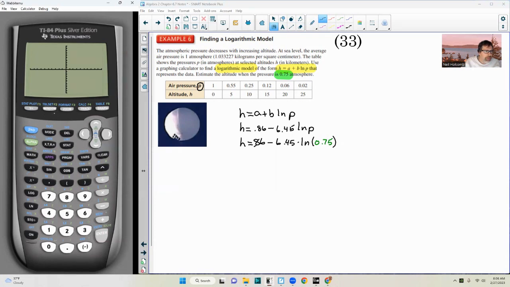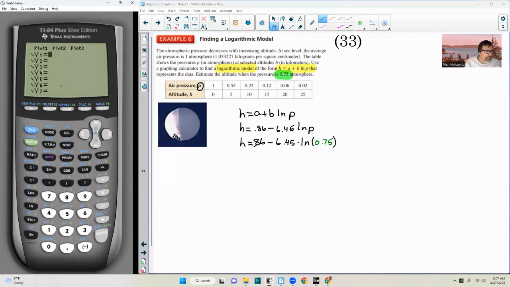So window, I want my X to go from 0 to 2, just so I can see 1. And I want my Y minimum to be 0 and my Y maximum to be 30, just so I can see 25. Now I'm going to graph this. And as you can see, I don't see anything. So if I go back to Y equals, I have to put that equation in there.